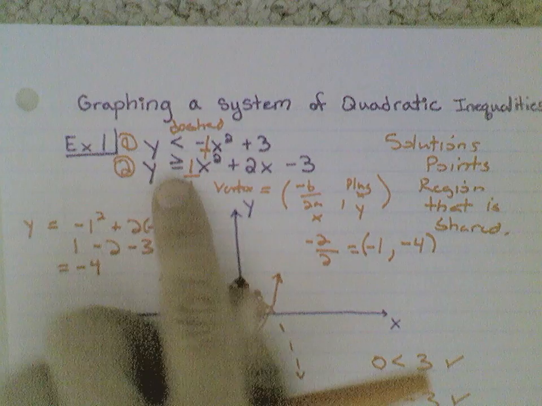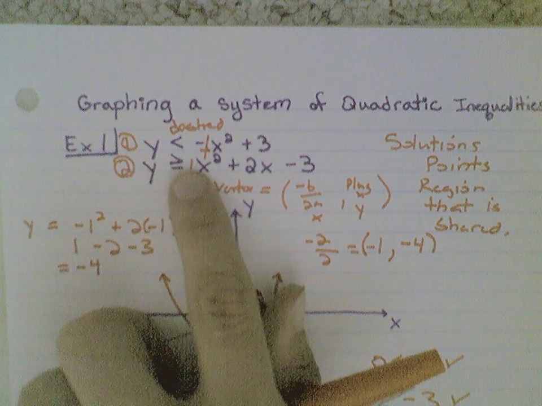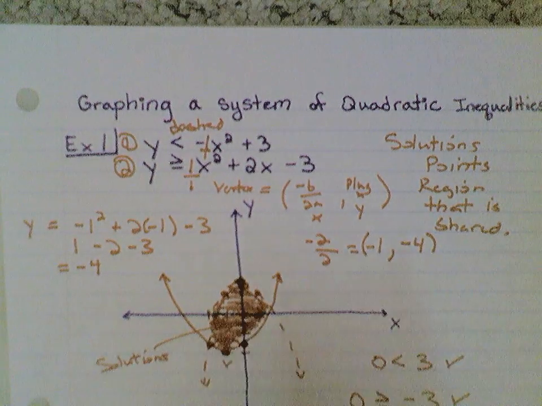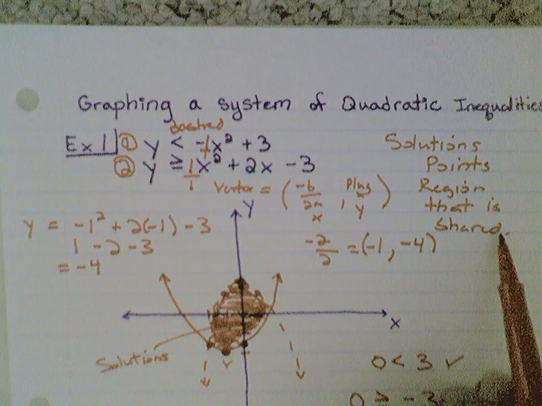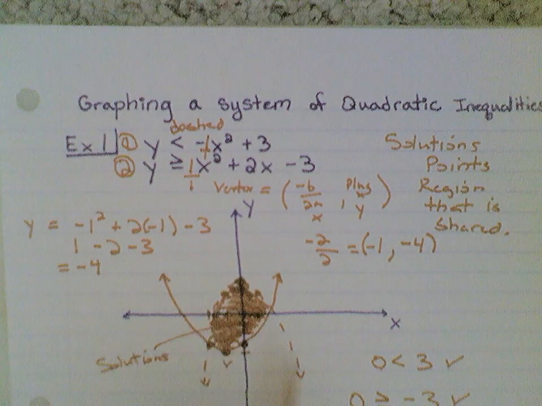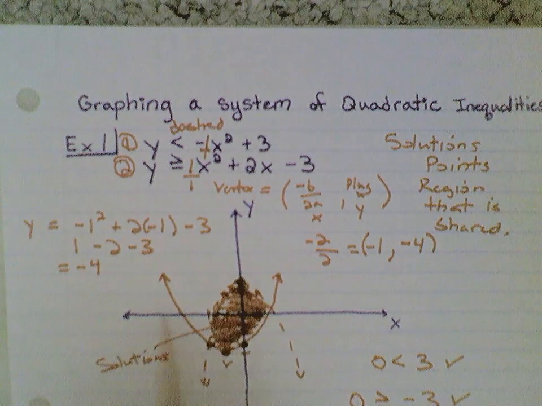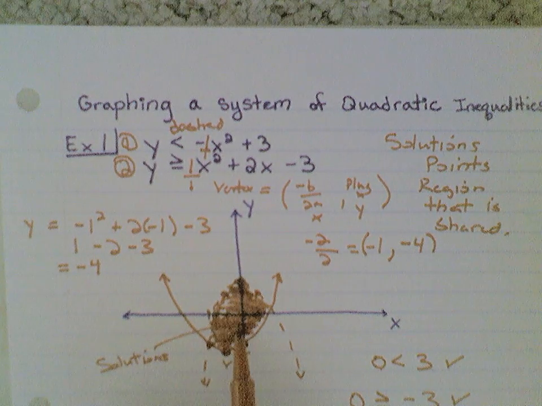Then if I look at this equation, it's all the y values greater than the equation, so it should be all the y values above. Once again, the solutions are the points in the region that are shared by the two equations. So it's going to be below the first equation, the dashed line, and then above the other line, and only this region holds those two qualities. So this is where my solutions lie.